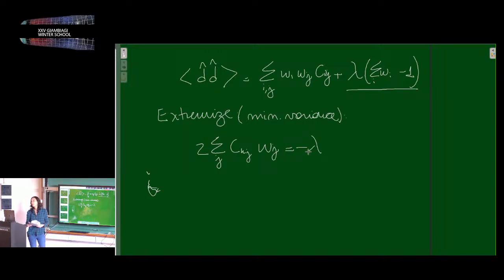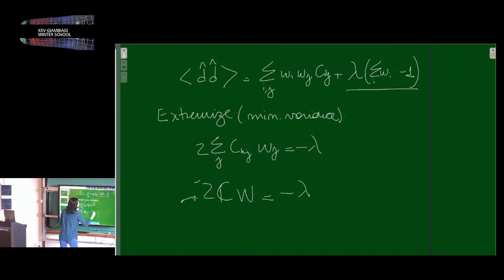Okay, great. So now let me work in matrix notation, which will make our lives slightly simpler. What I want to do is write 2C W, where C is this matrix, equal to minus lambda times E, where E is a vector whose elements are all equal to 1.